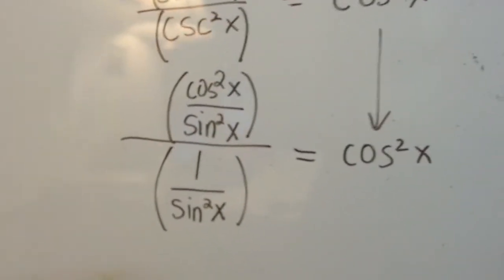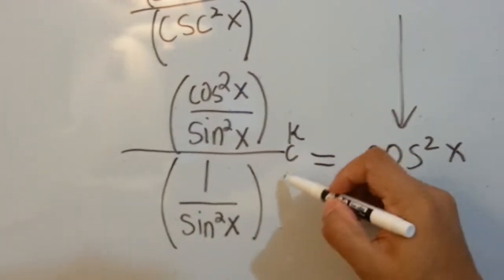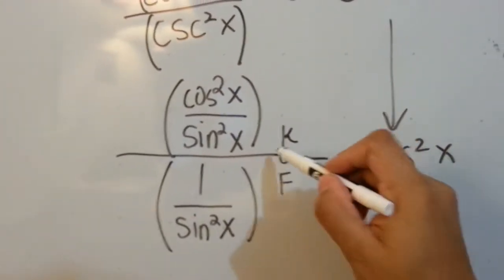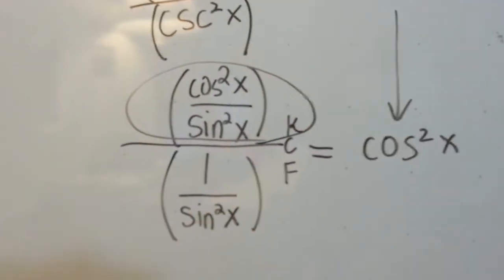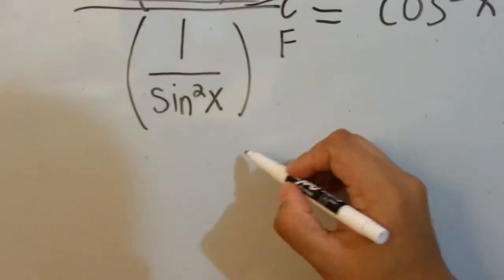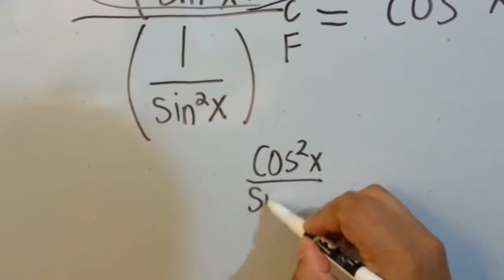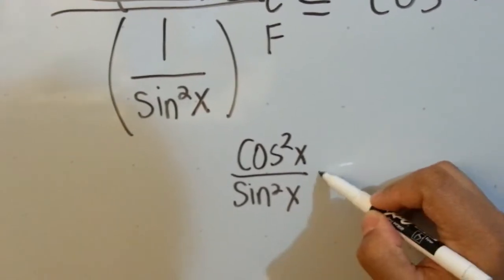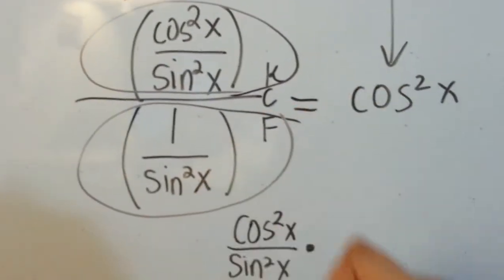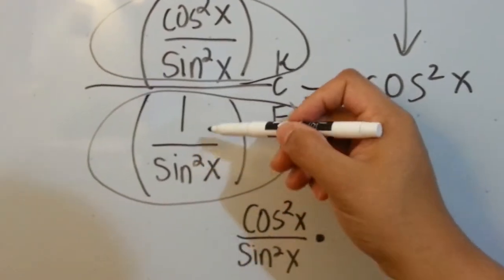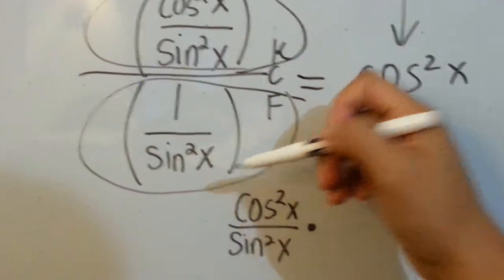What we're going to do now is keep the numerator, change to multiplication, and flip the denominator. So watch. We're keeping the numerator, this whole thing, cosine squared x over sine squared x. Instead of dividing, we're going to multiply, and we're going to flip the denominator. What's the flip of this? This is already 1 over sine squared x, so the flip is sine squared x over 1.